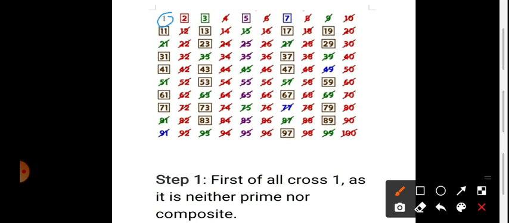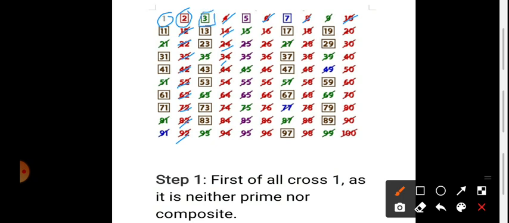What we have to do? We have to just encircle 2 and cross all the multiples of 2, or you can say all the even numbers. Okay. After crossing all the even numbers, now consider the next number, that is 3.